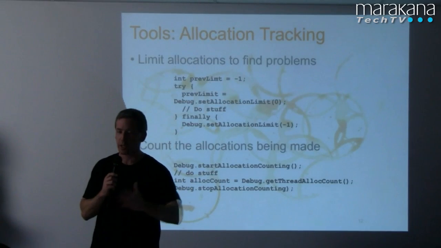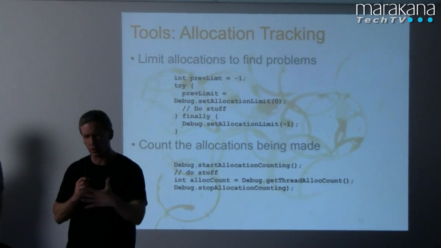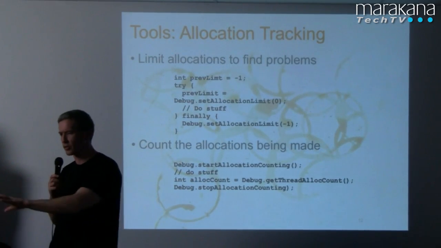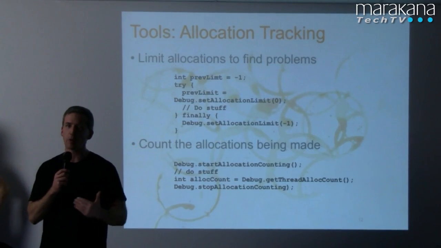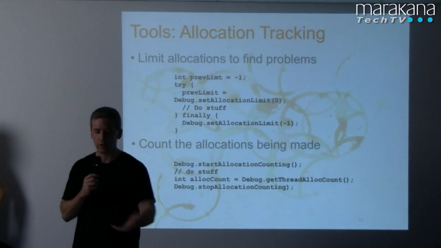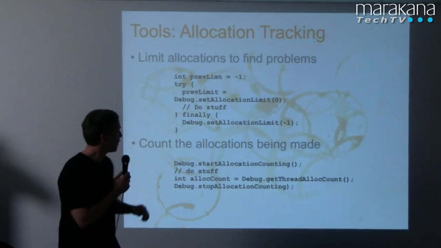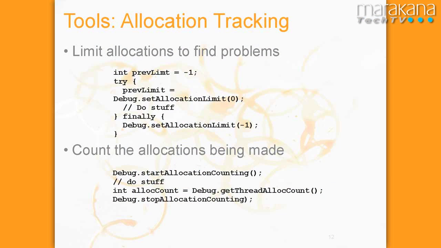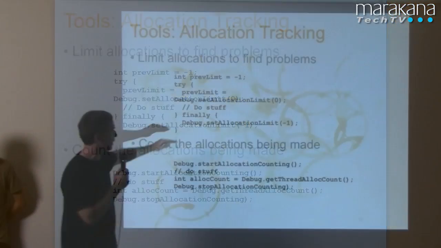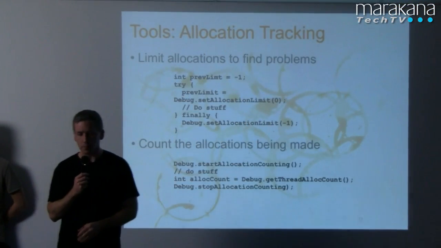If you're getting into an inner loop where you want to create no garbage, but it's a little bit hard to see, maybe this function calls this other function which does this other thing conditionally, but you want to make sure that in all cases no garbage is created, because you've run into situations similar to what I was facing, then you can actually tell the debug system to set an allocation limit of some number, say 0. And then it'll throw an error if garbage is actually created along the way. So you can basically say, I don't want anything to be created, and it'll say, okay, I can do that for you. And then it'll throw an error if there's a problem in there.